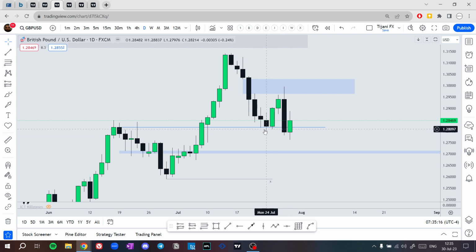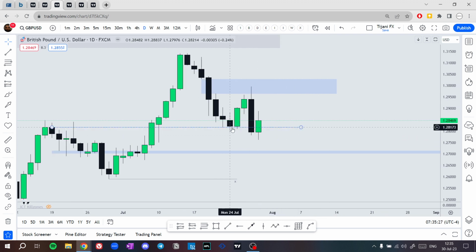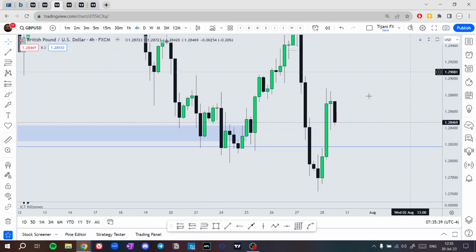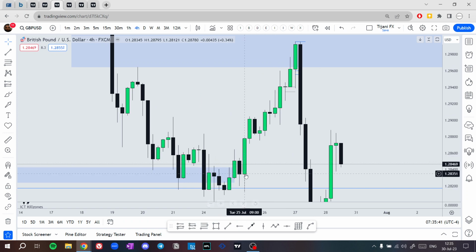So for GU, it has been waiting for the dollar to retrace to premium for GU to go higher, and that was a confirmation also because we were seeing some strength in GU to confirm that price wants to be bullish from here, and we see that price, like I showed you.